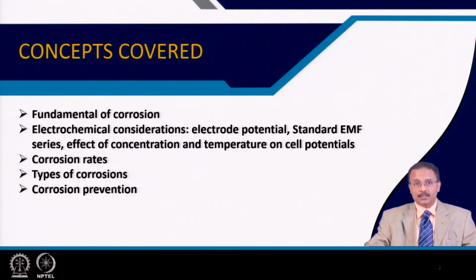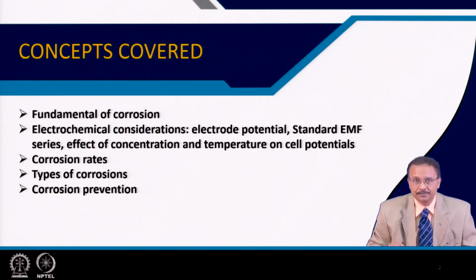Electrochemical consideration will be taken care of, electrode potential will be introduced, standard EMF series, then the effect of concentration and temperature on cell potential will be discussed. Then corrosion rates will be described, types of various corrosion pertinent to mostly metal will be introduced, and finally, how the corrosion can be prevented will be talked about.